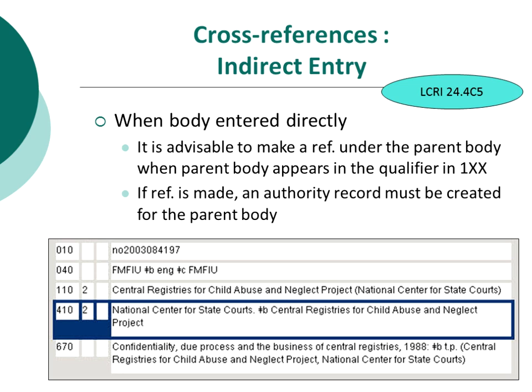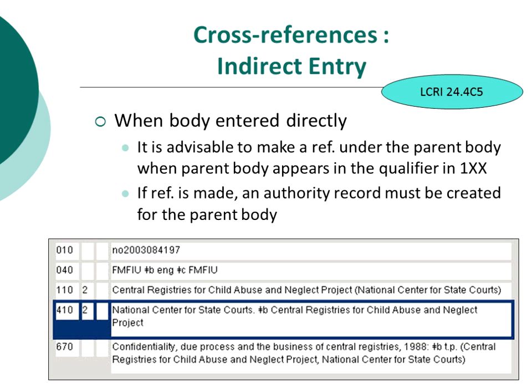Now, in the parentheses, you have the parent body qualifier. If you check, the rule says that the parent body serving as a qualifier in the heading form does not have to be an established form.